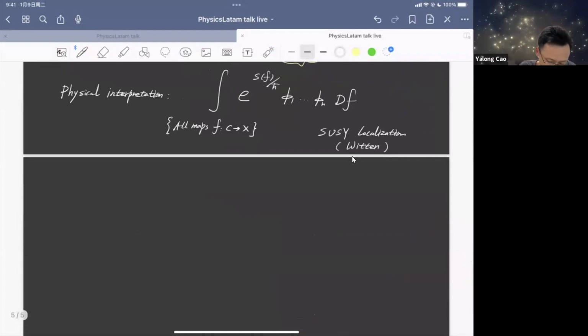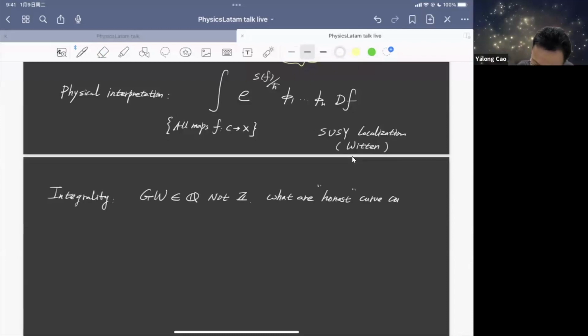So now the question is about this integrality question, in the sense that the Gopakumar-Vafa invariants are rational numbers, but in general not integers. So the question is, what are maybe honest, maybe honest in quotation marks, curve counting invariants.